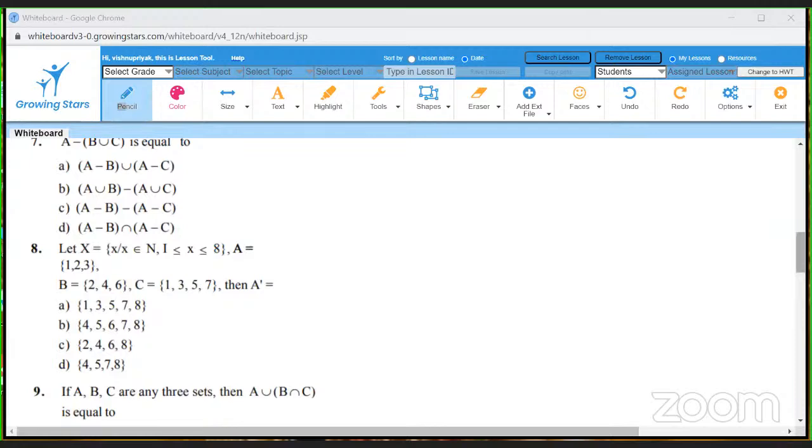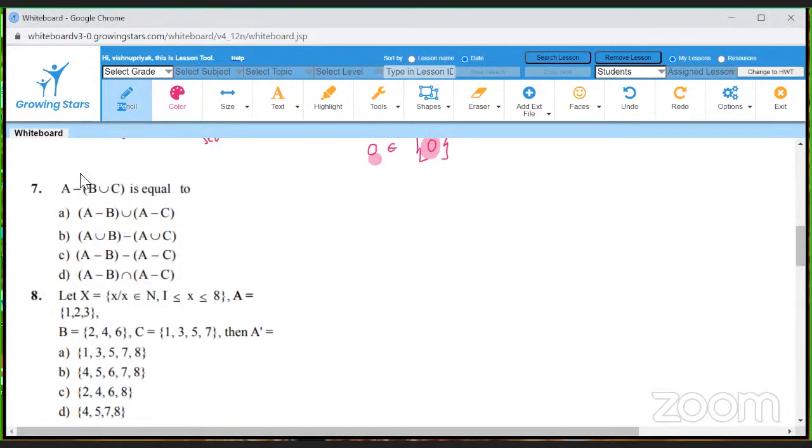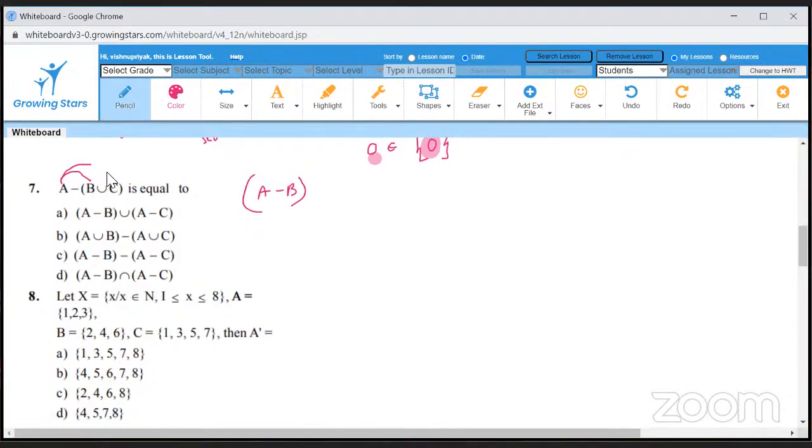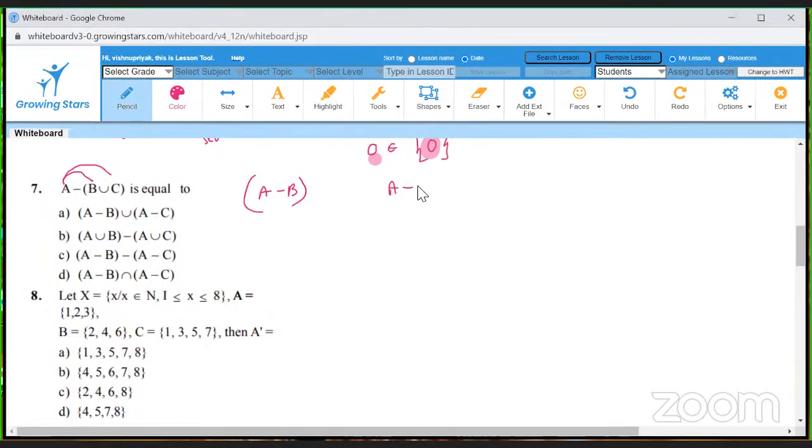So, when you take this, first you will write A minus B, just like distribution. Then you have A and C, A minus C. This is what you have to write. But what is given in the formula?